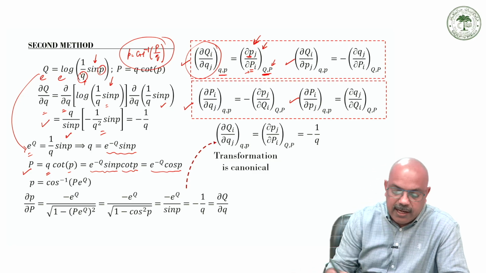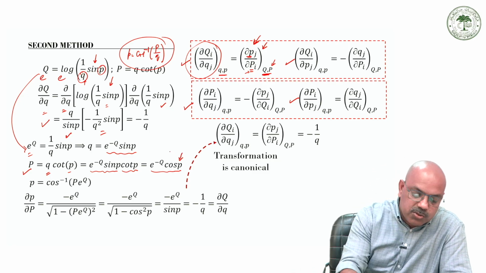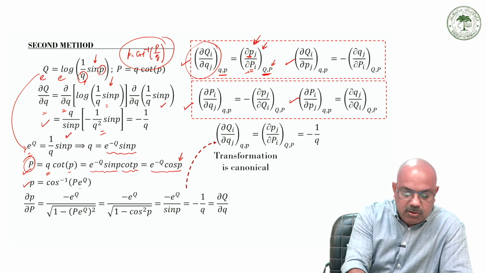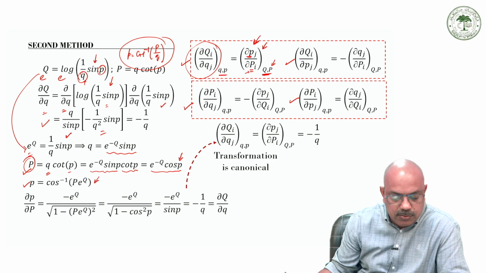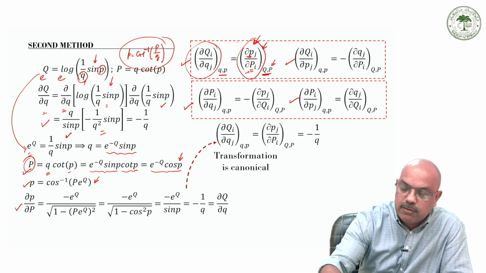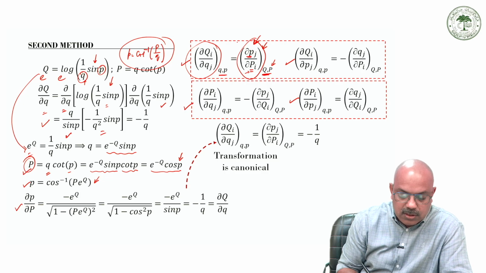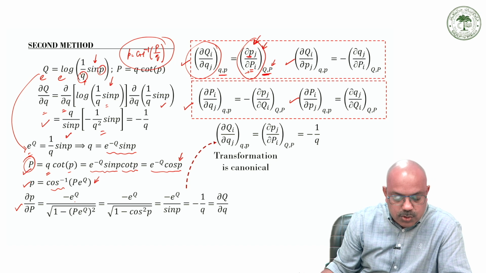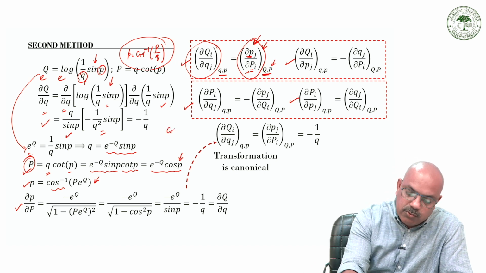So now I have the simple expression in terms of small p and capital P, so that the differential will be easy. So now this small p is cos inverse of P e to the power q. So now if we do the derivative with respect to P, this is the integral we have to find out. Then what you're going to get is cos inverse x, so this is going to be 1 upon under root 1 minus x squared.